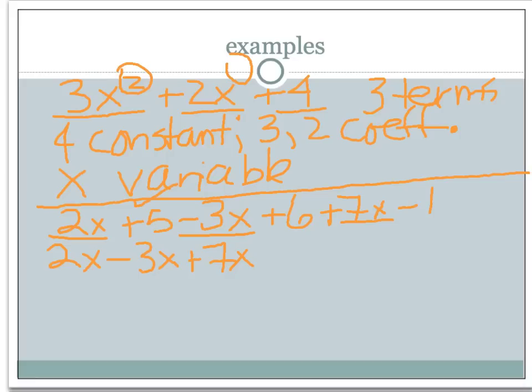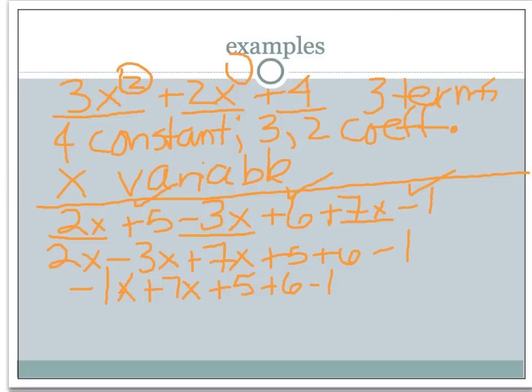Now, after that, I will put in my constants. So I have plus 5 plus 6 minus 1. Now let's simplify. I have 2 x's and I take away 3 x's. That gives me minus 1x plus 7x plus 5 plus 6 minus 1.